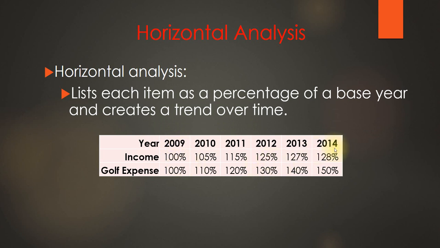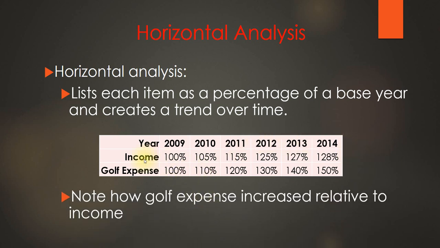So in year 2014 compared to 2009, if the income was $100,000, you'd say, okay, in 2014 you made $128,000. Now when the numbers aren't quite as nice and easy to work with and round like that, this is an incredibly powerful tool that allows us to easily quantify and see changes.